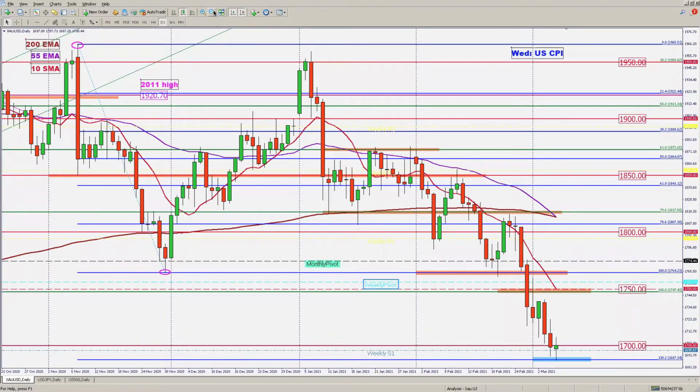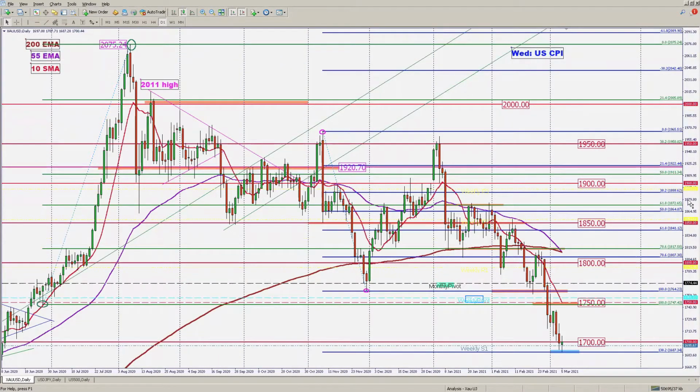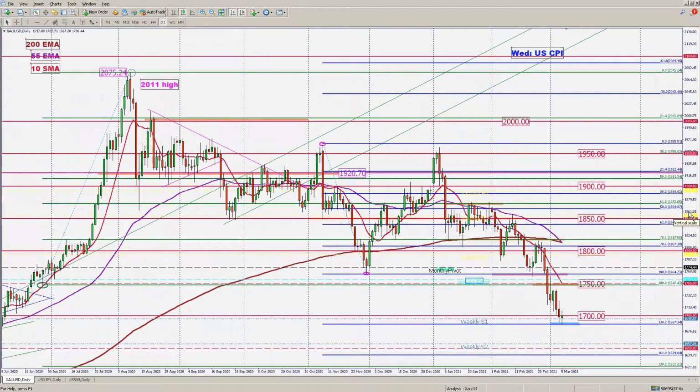And if we look a bit further lower, the next support area will be at the 1650 level, and below that 1640, that's the 162 extension. It may not get there so soon, but in the next couple of weeks, especially with the FOMC coming up.